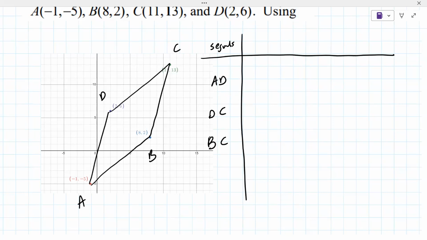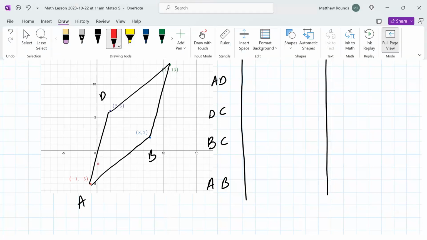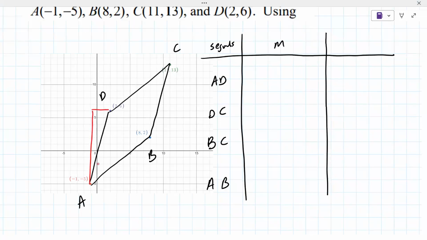Oh, A to B. Okay. I got kind of the advantage of this where I can make these triangles. Go ahead and figure out the slopes without simplifying.